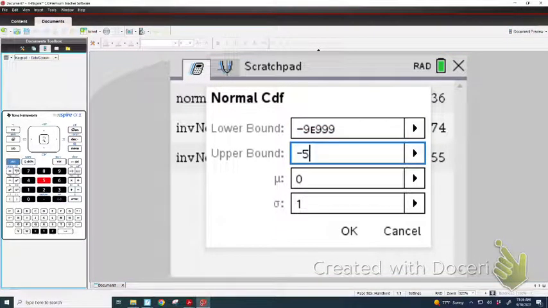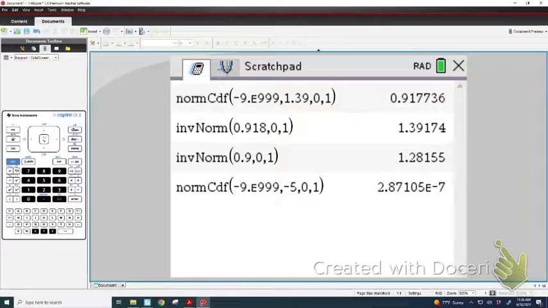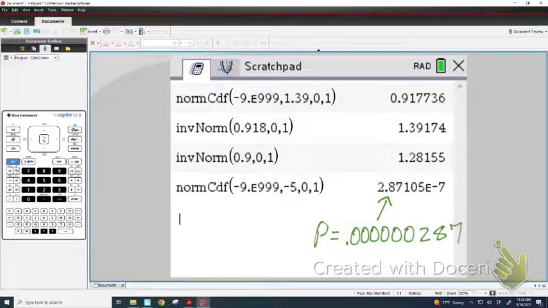And I get a really weird answer, I believe. Yep. 2.87 e to the -7. This says that proportion equals 0.000000287. If I have 4 zeros or more, let's just say 0. You are A-okay to do that.